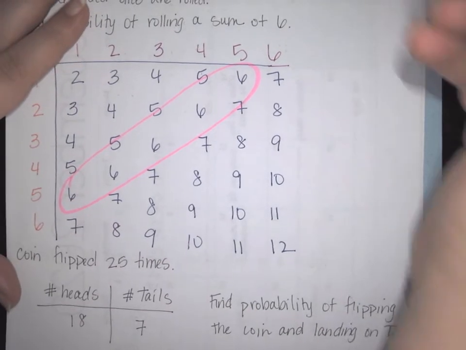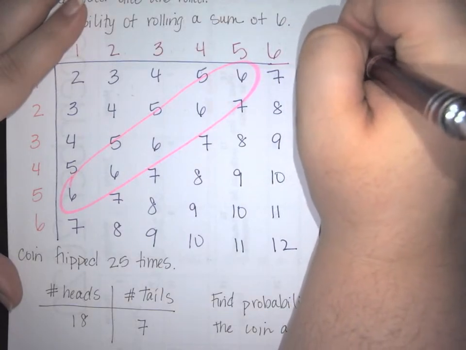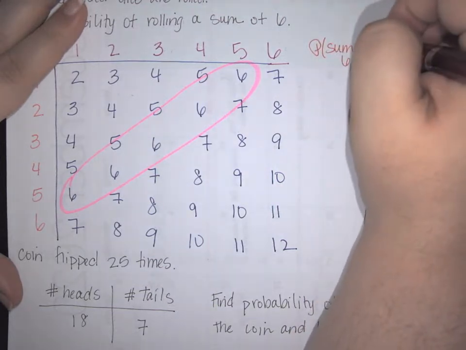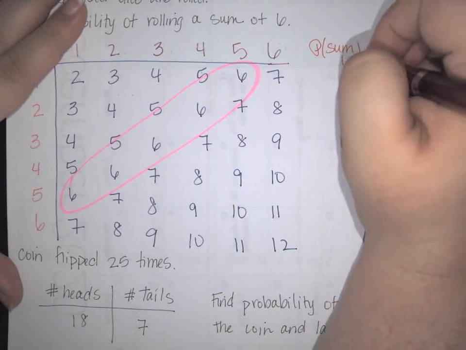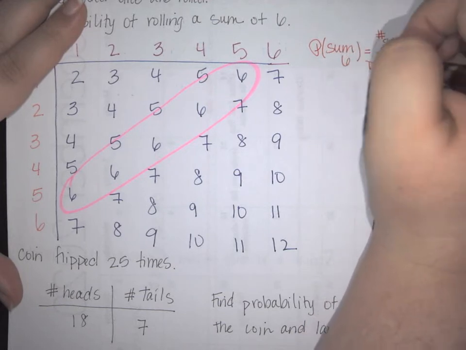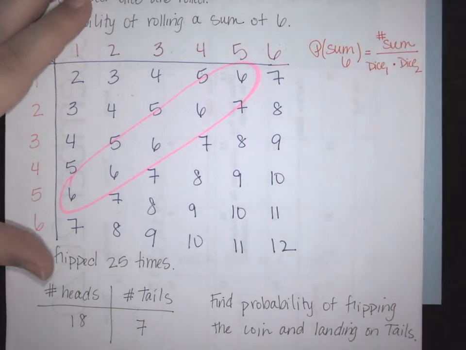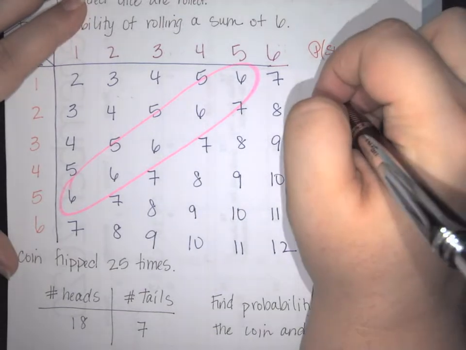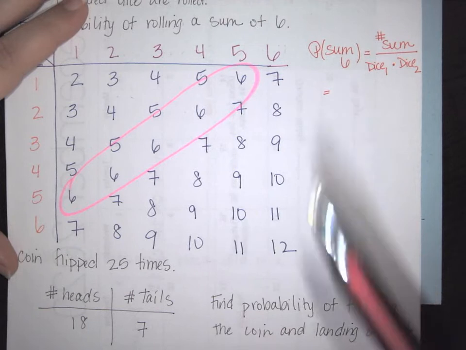The way this works is the probability that we sum to 6 is given by the number of ways to get that sum, over dice 1 times dice 2. In this case, the probability that I sum to 6 is going to be 1, 2, 3, 4, 5.